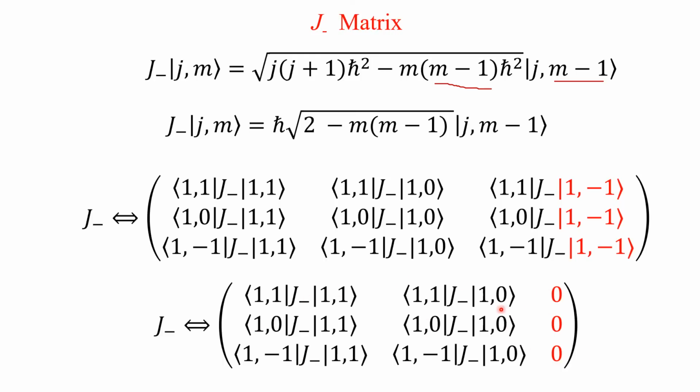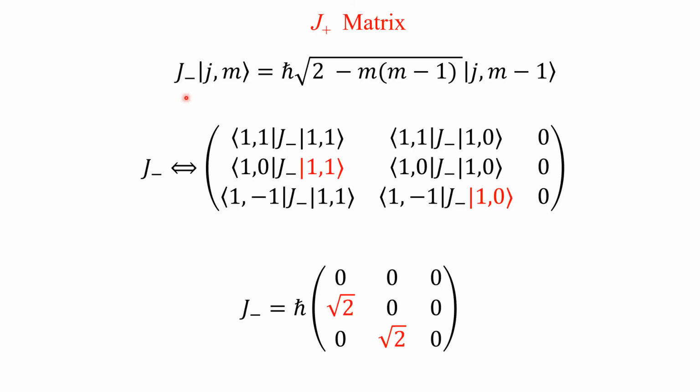What will happen to the other six matrix elements, we will see now. We have seen when the lowering operator operates on ket jm, you will get h cross square root of 2. This 2 comes because j is equal to 1, minus m into m minus 1, ket j m minus 1. Here it reduces one state.